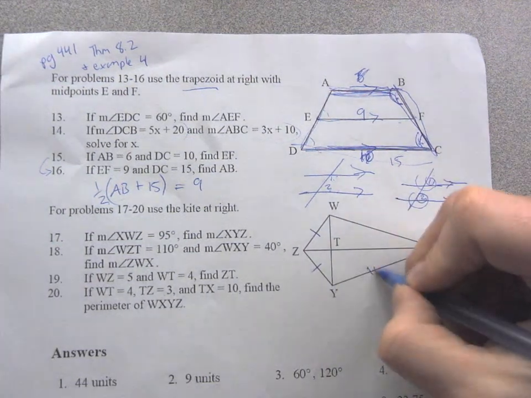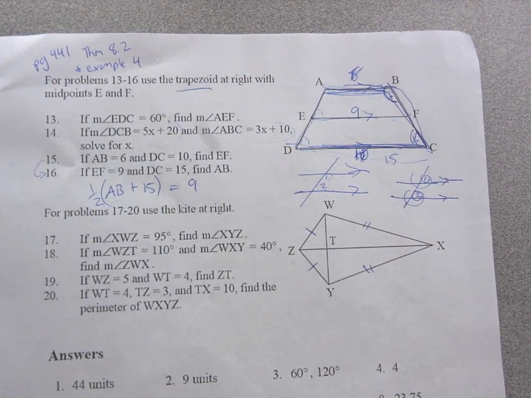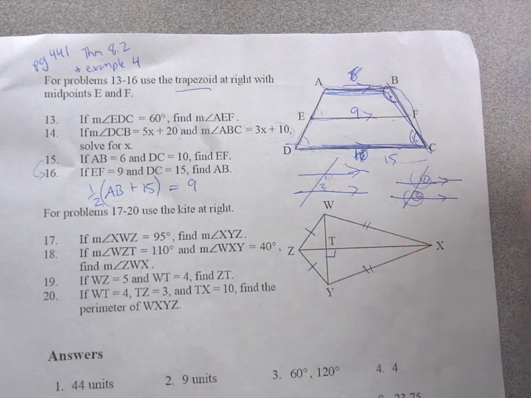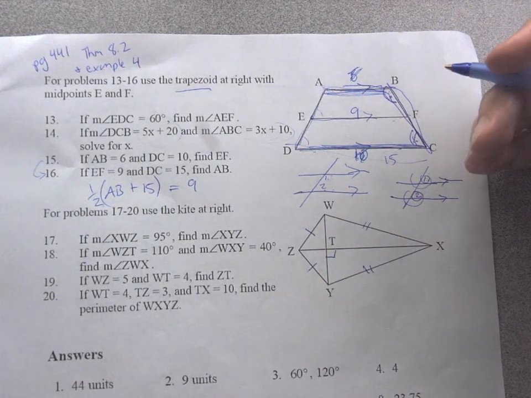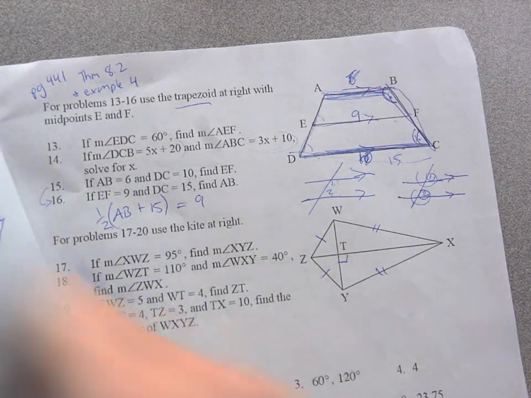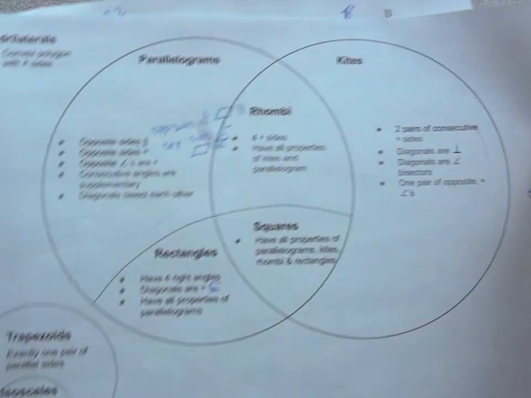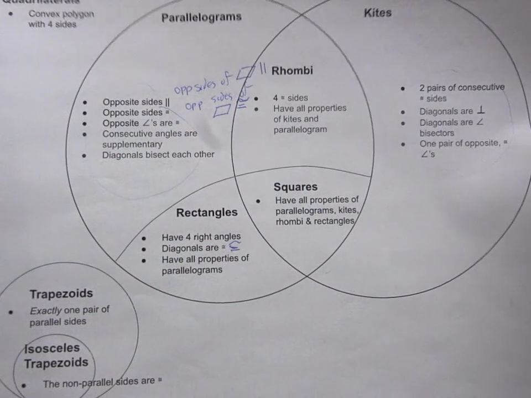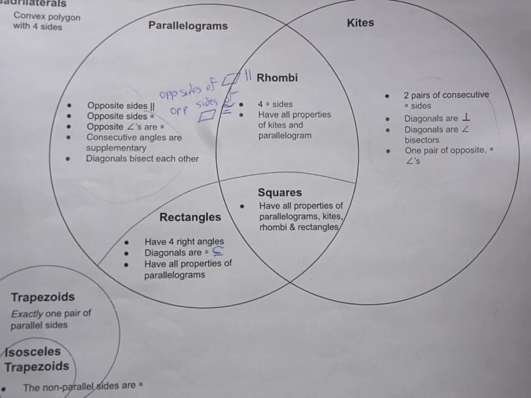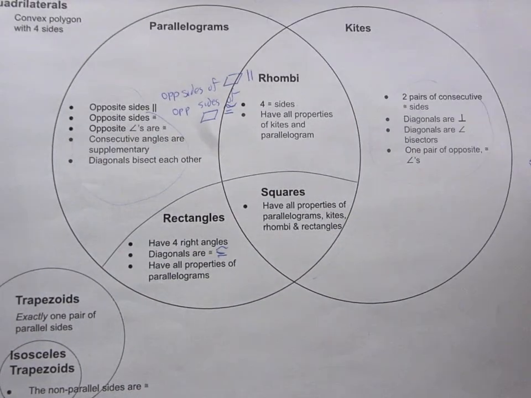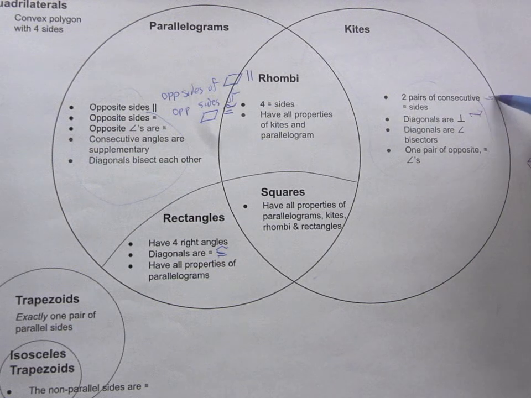So those guys are congruent, those guys are congruent. We also know that the diagonals in a kite are perpendicular. Again, all these are coming from the properties that we talked about in class, or if you missed class, I talked about these properties in the previous video. Diagonals are perpendicular, 2 pairs of consecutive sides.